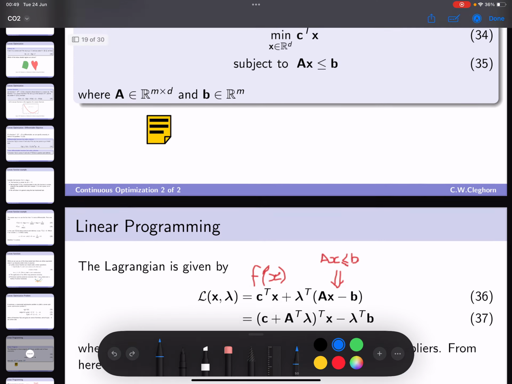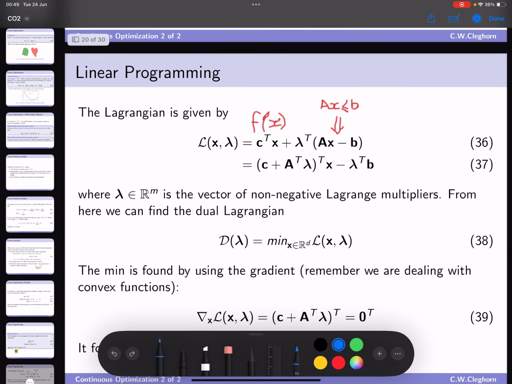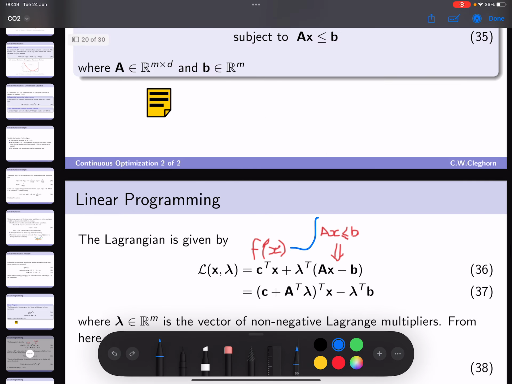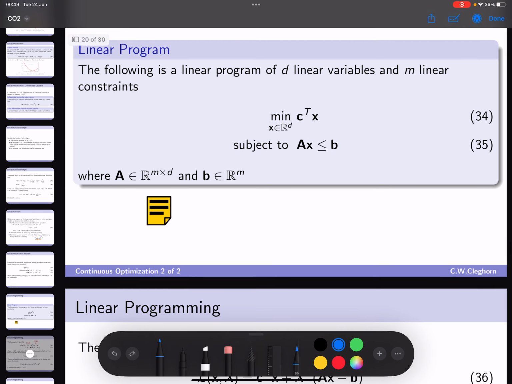Okay, and so to begin with, we're going to just form our Lagrangian. The way we form our Lagrangian is to write f of x first. We just literally drop f of x in. Then we write our set of constraints as follows. We know that all of our gi's of x must be less than or equal to 0.